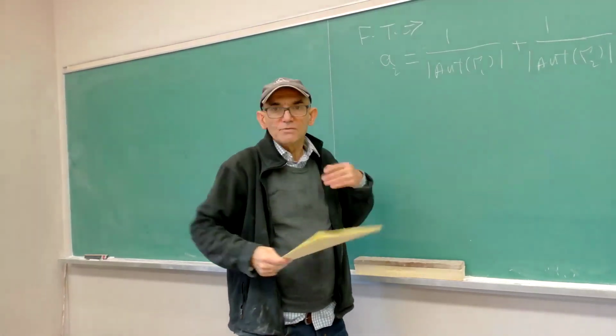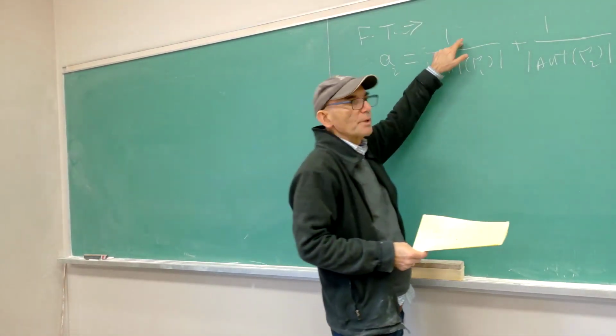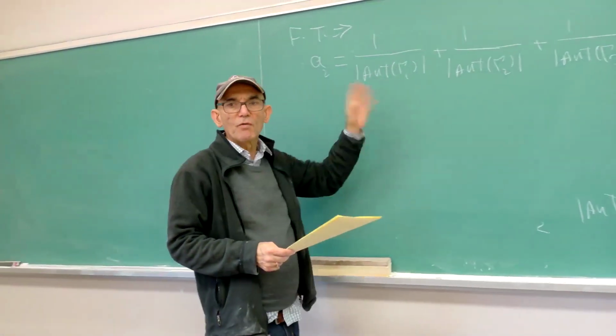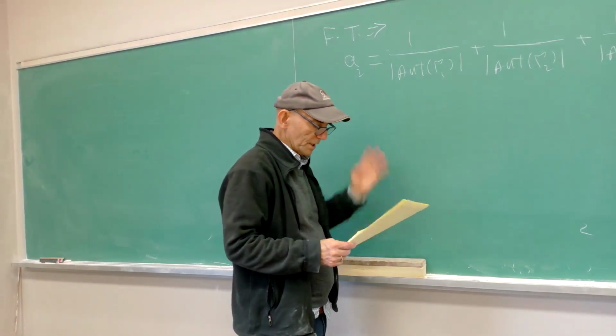Because f gamma is 1, so the numerators are all 1. It doesn't matter. It's just 1, because we are multiplying 1, 1, 1, 1 all the time.